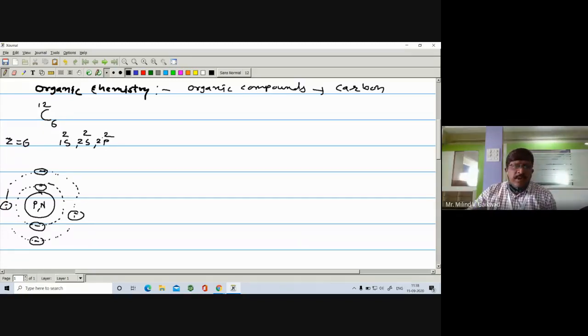So the outermost orbit of carbon is 2s2 2p2, and there are 4 electrons in the outermost orbit.